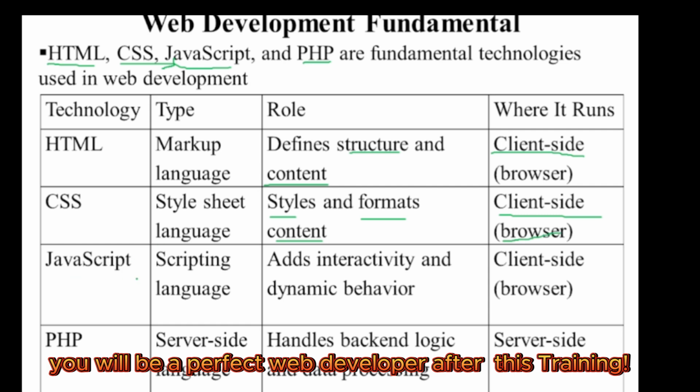And the other one is JavaScript. As you see, this JavaScript is a script. This JavaScript adds interactivity, additional functionality, operations, and dynamic behavior into your web page. This belongs to client-side scripting language. That means it runs on the browser.